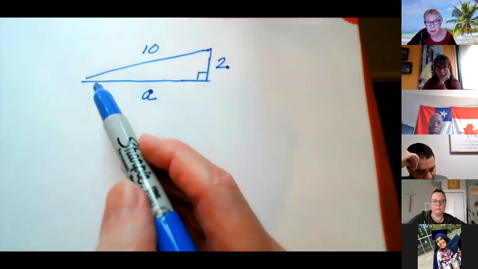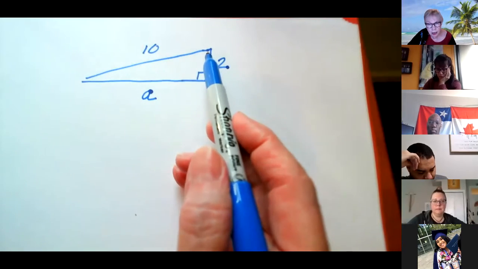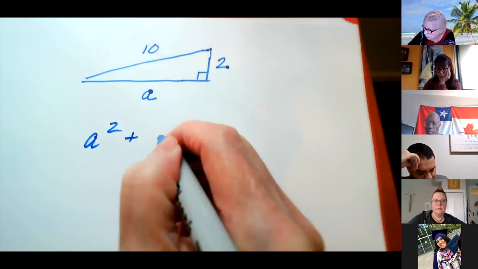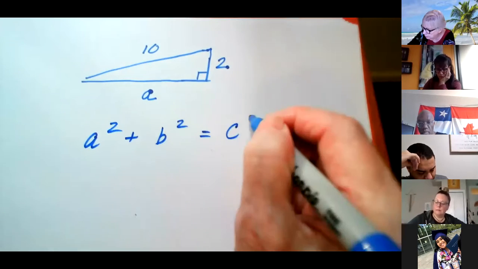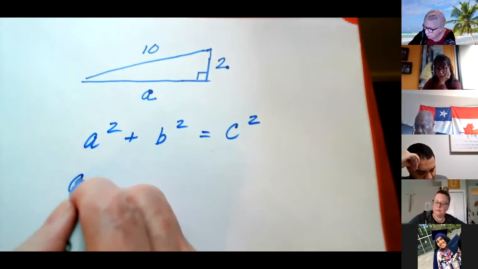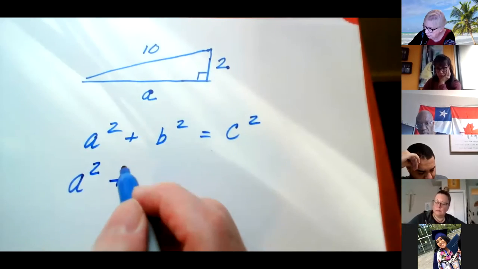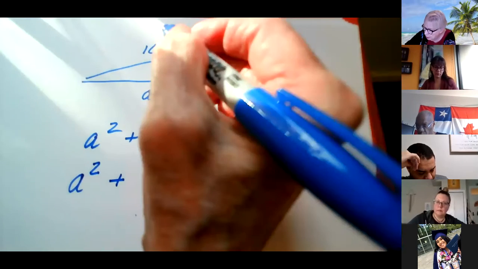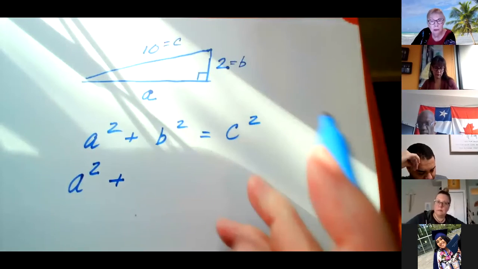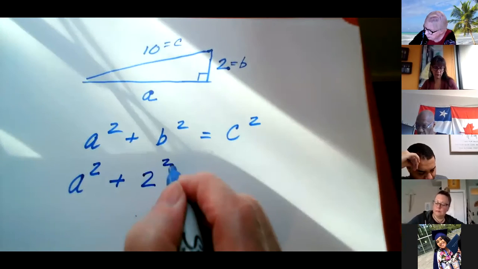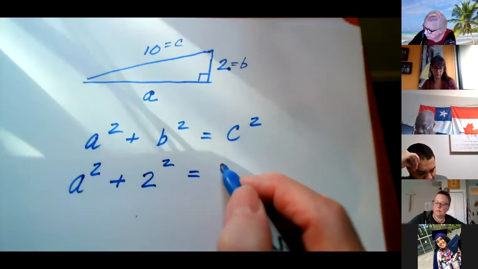It's slightly different because they gave you the long side. So I'm still going to write down my formula. A squared and B squared is C squared. And they were nice enough to call this A, so I'm just going to copy it. This would have to be B, this would have to be C in my formula. So B would be 2 squared and C would have to be 10 squared.